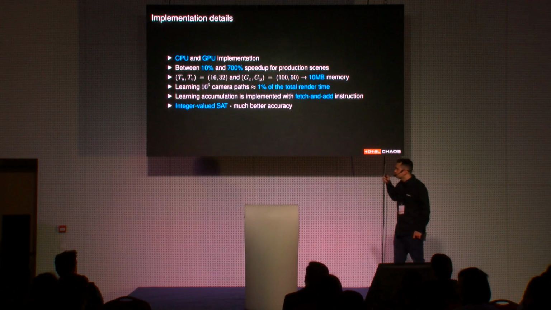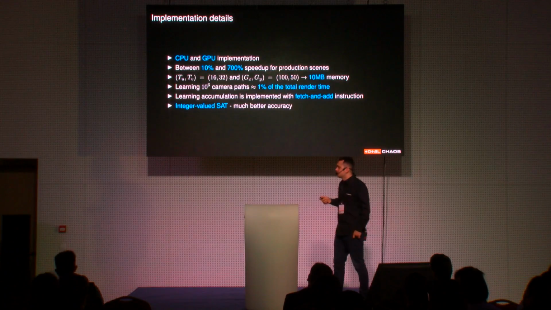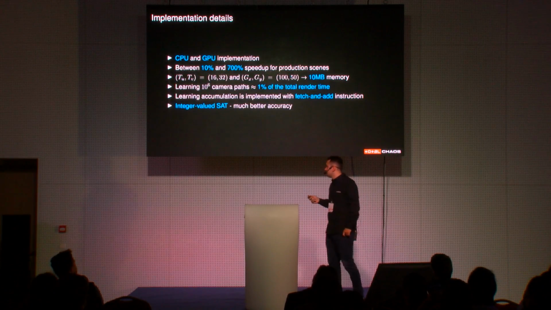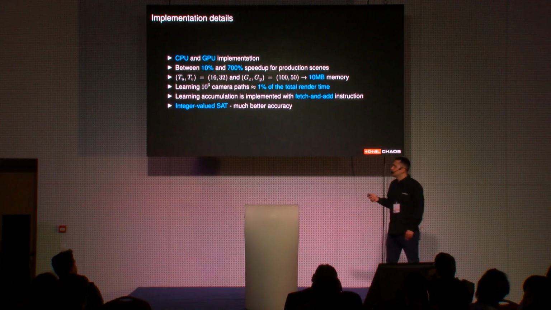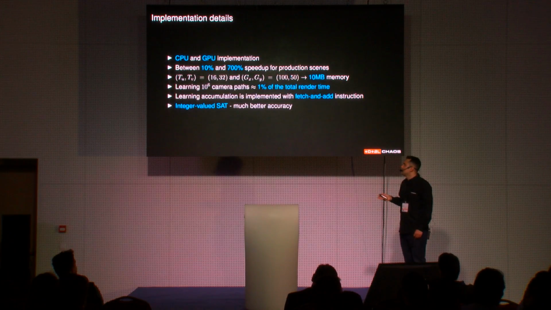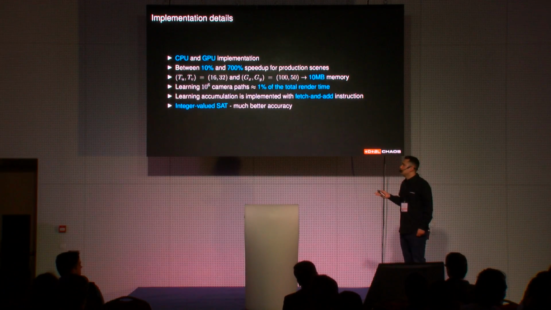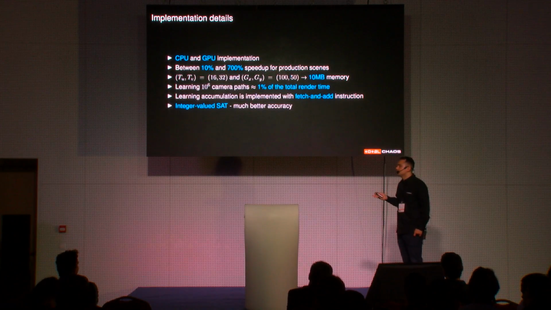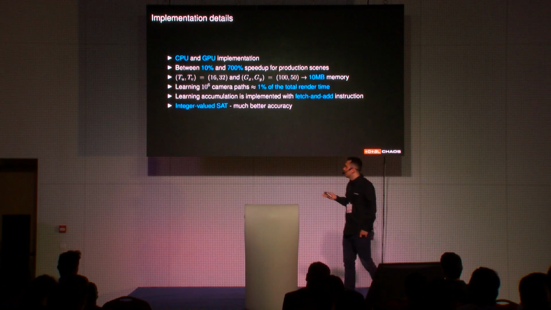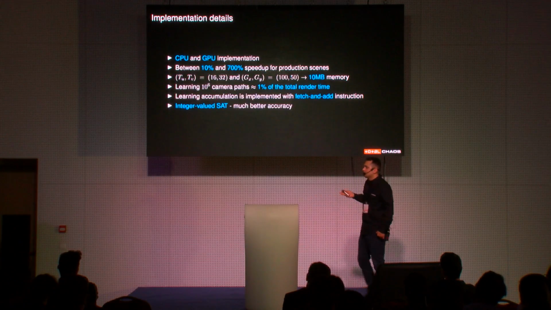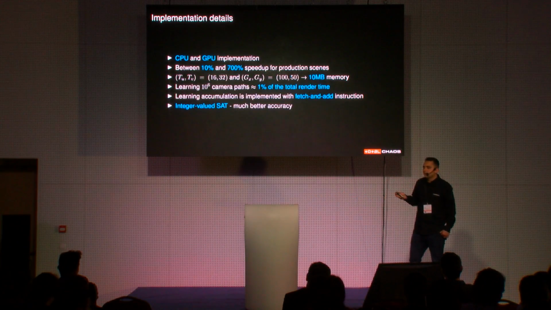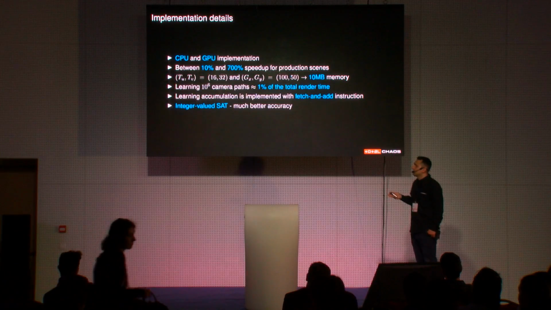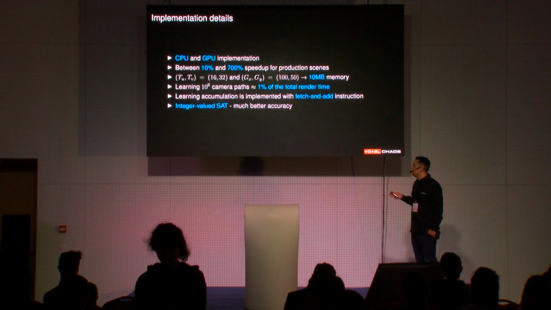And then we use integer valued SAT. I will show you results. Actually, what we found out is that this summed area table structure is terribly inaccurate. When we were using float values, one solution was to use double for this, which meant twice more memory and a lot slower sampling.